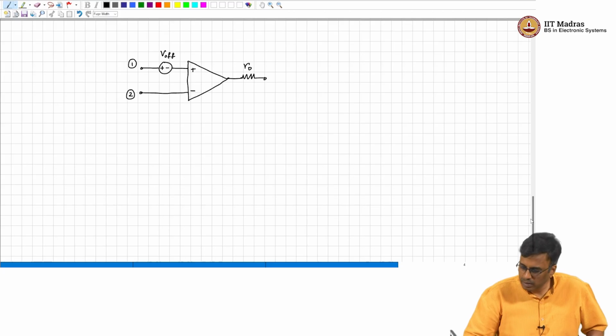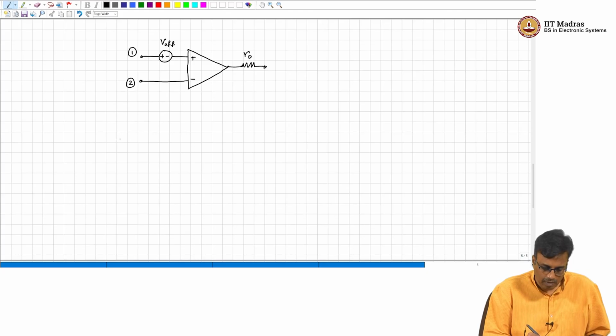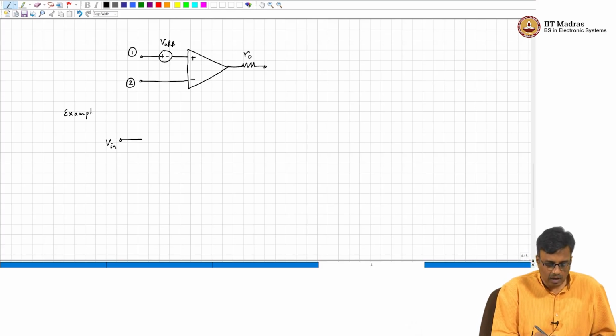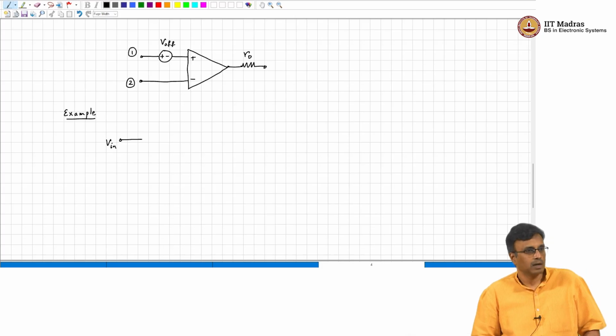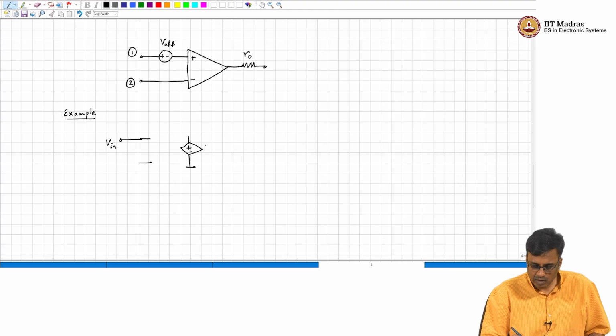So, let us actually do some calculations and figure it out. Let us go back to our input, and let us assume for the time being, when we deal with this non-ideality, let us just use an ideal op amp and then put a resistance in series with it.